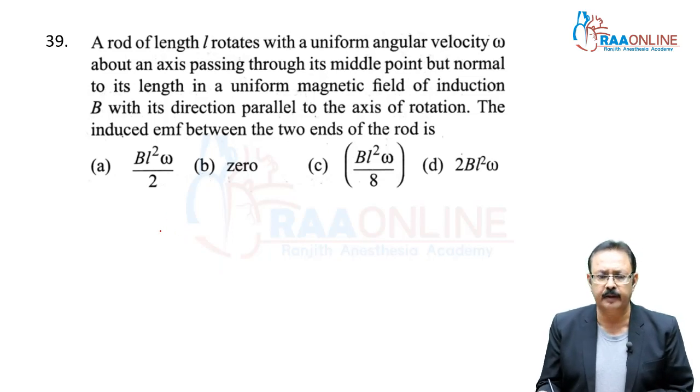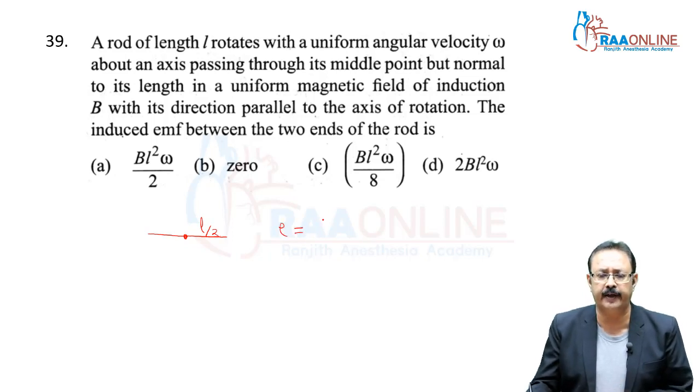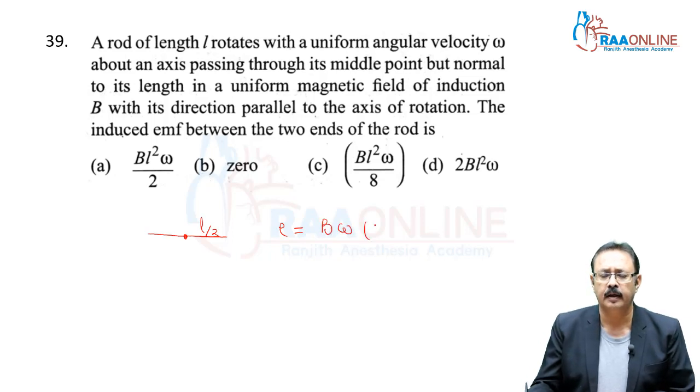What will happen here? Since we want to calculate from midpoint, it means we have to take length L by 2. So induced EMF according to the rule, what formula we derived? Half B omega L square.